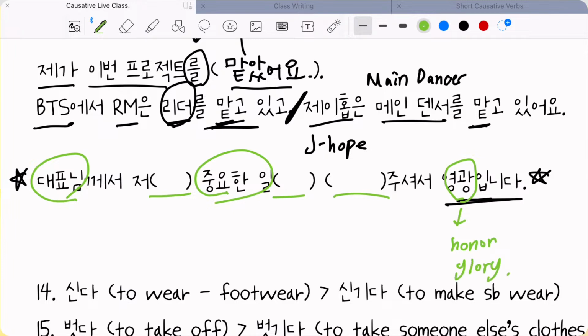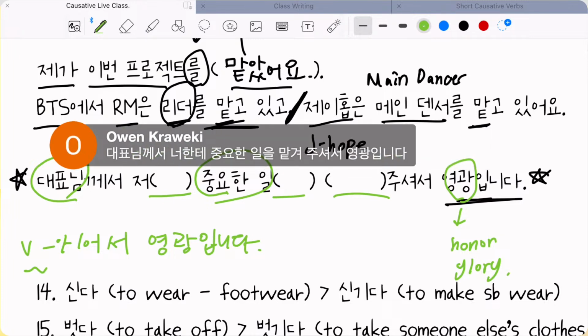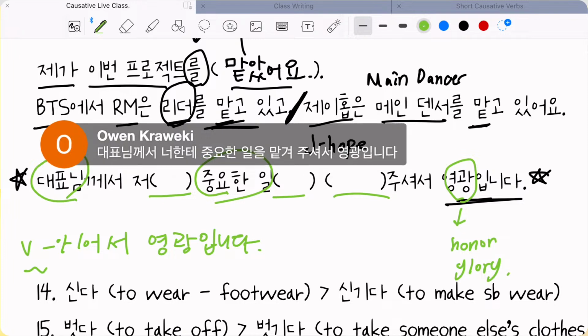And 영광 means honor, glory. So if you want to say it's an honor, you can say verb 어서, because somebody did this, I feel honored. 영광입니다. So you can remember this as a fixed expression and use it whenever you feel honored. 그래서 대표님께서, so this is a typo, I think. Or is it 저, right? 저한테, 그렇죠. 저한테, 저에게, 그렇죠. 저에게 중요한 일을 맡겨주셔서.